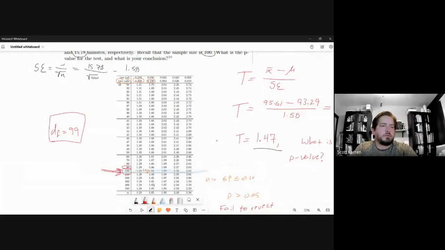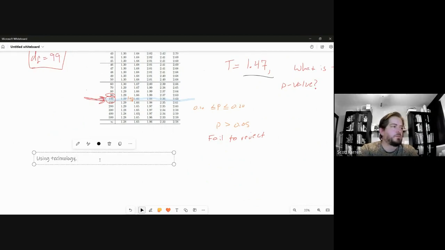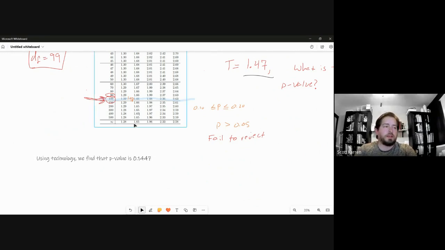And so I'm going to bail out of this real quick and re-share my whiteboard. Where's my whiteboard? There it is. And so using technology, we find that the p-value of this is 0.1447, whereas when we ran it as a z-test in GeoGebra, the value is very close.